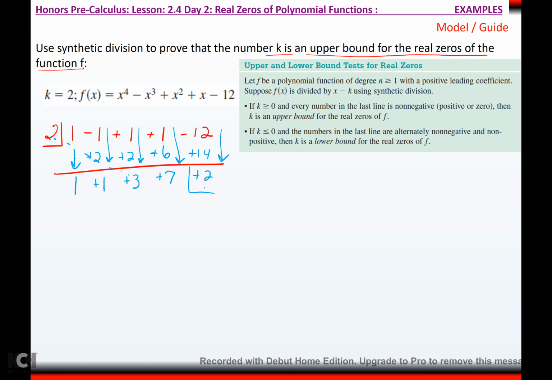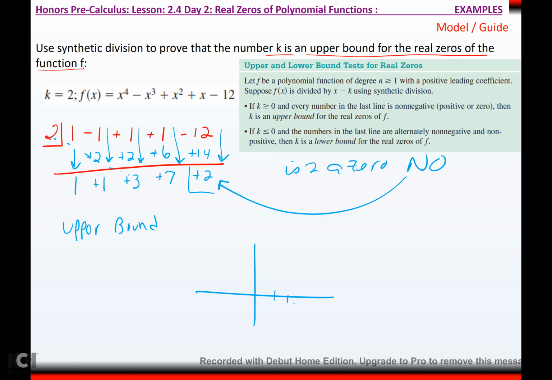So let me ask you this. Is 2 a 0? No. Why? Because I got a remainder. But is it an upper bound? Meaning, whatever this thing does, it won't cross the x-axis. It's going to do all its wiggling and jiggling over here, but it's not going to cross the x-axis after 2.